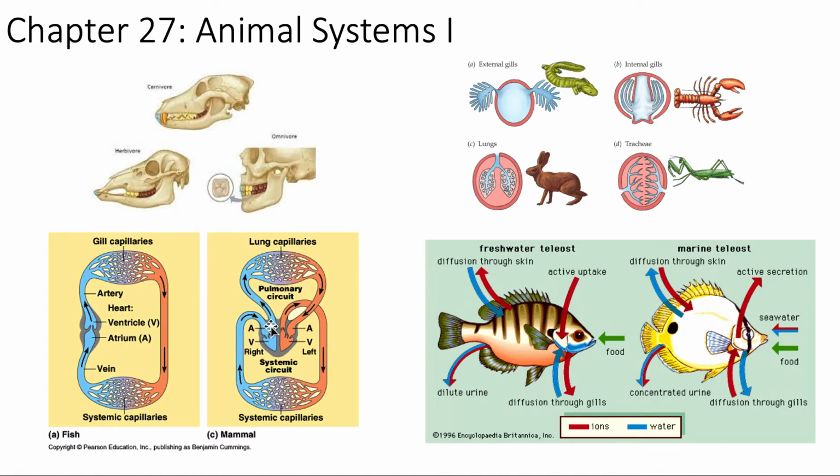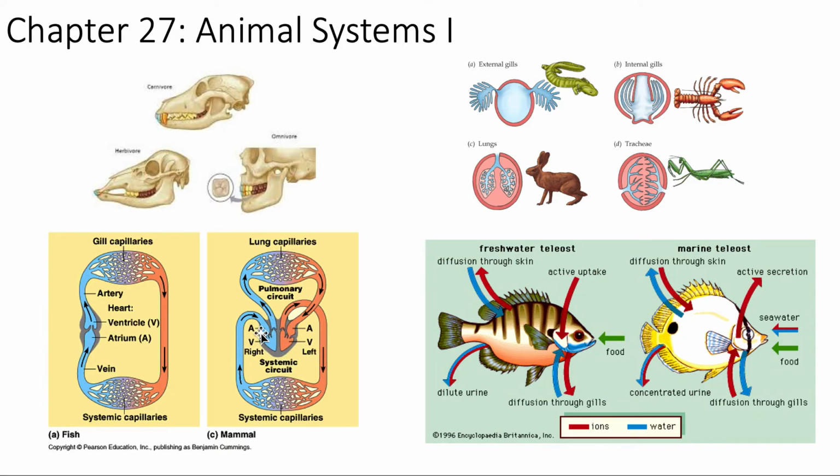Okay, so blood is returned to the right atrium, pumped into the right ventricle, then out into the lungs to get oxygen, back into the left atrium, and then pumped out. So you have two circuits going here. One is called the pulmonary circuit, or one loop, and then the second is the systemic circuit, and that is the second loop.